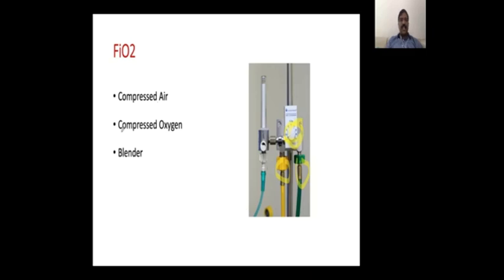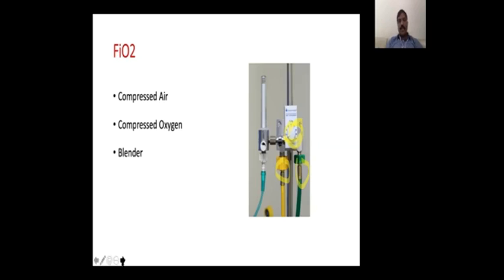So for generating pressure, we need flow of gases and obstruction. For giving FiO2 or oxygen from 21 to 60%, you need a compressed air source, a compressed oxygen source, and a blender.